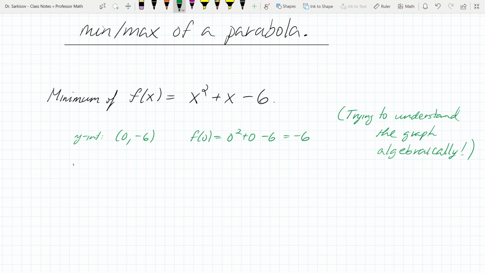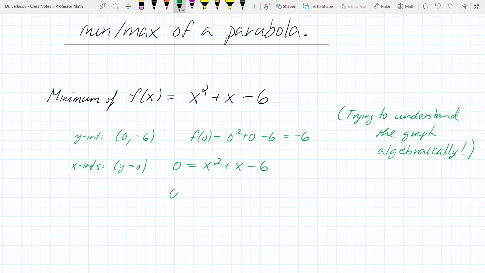Then maybe the x-intercepts. This is optional, but if you want to make a neat graph, you set f of x equals y equals 0, so 0 is equal to x squared plus an x minus 6. We've solved this as a standard form quadratic equation.